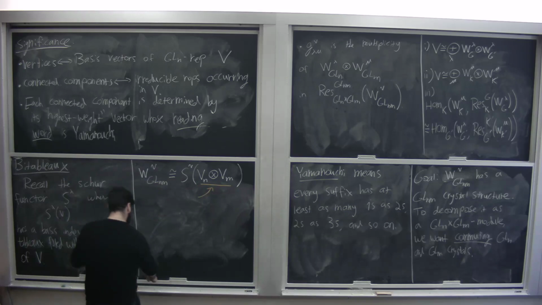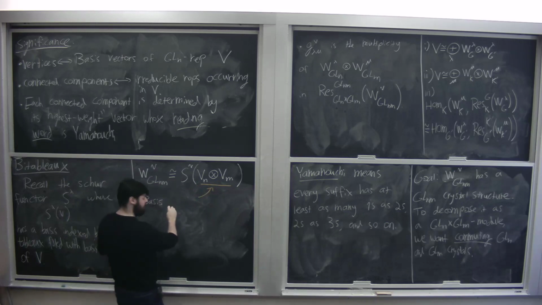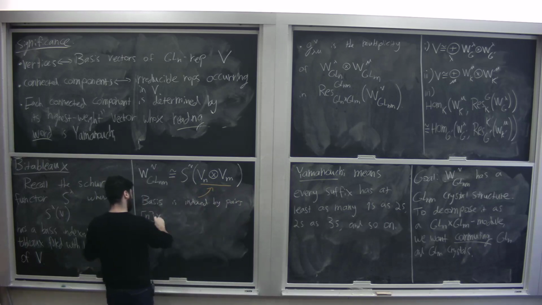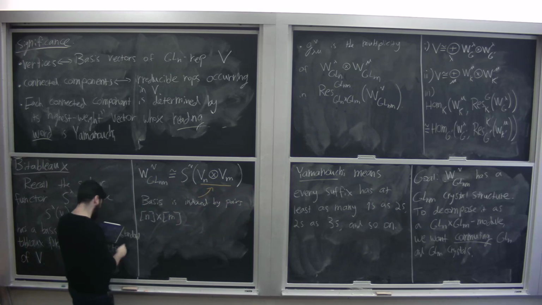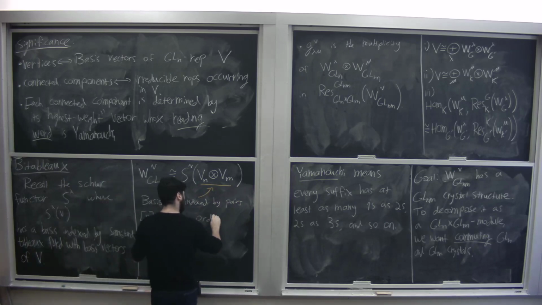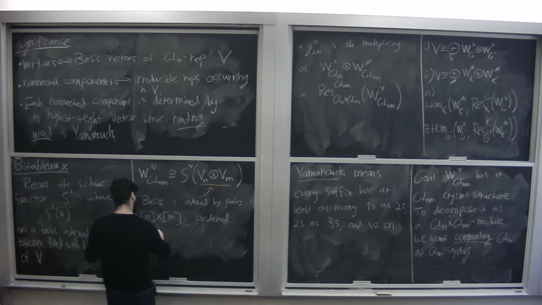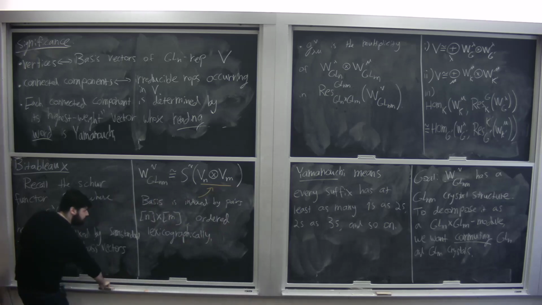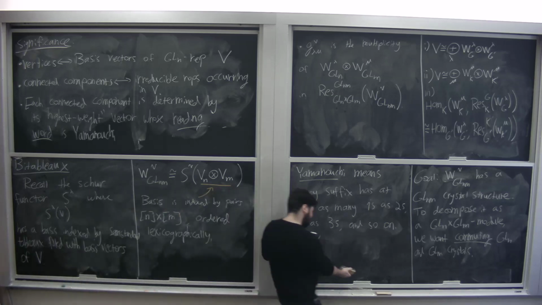We're going to fill it with pairs. And so this basis is indexed by pairs in n cross m, ordered lexicographically.